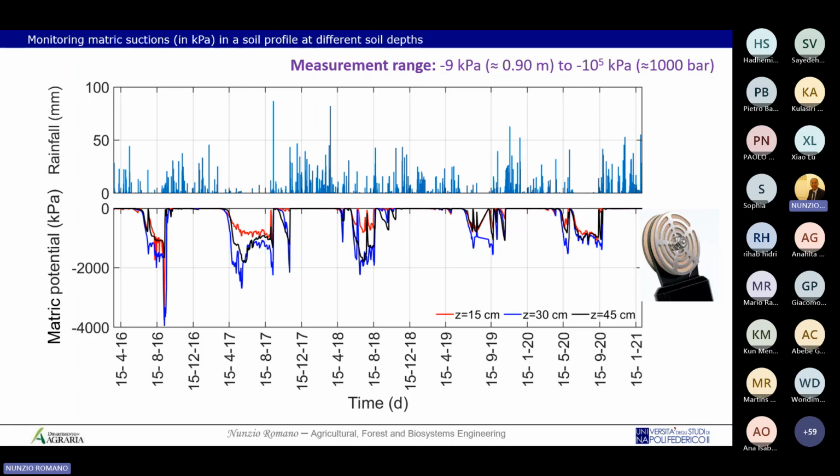But the advantage is that you can measure the matrix potential, the matrix pressure, up to 1,000 bar, and this is 10 to the 5 kilopascal, and this could be very helpful in a very dry environment. But again, there is the limitation that this kind of sensor cannot measure the suction head under very wet conditions.